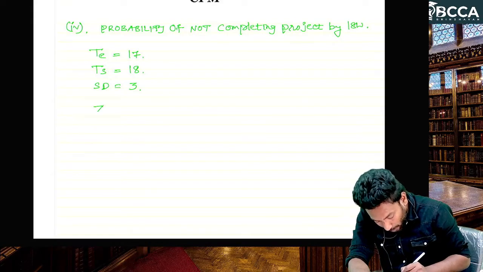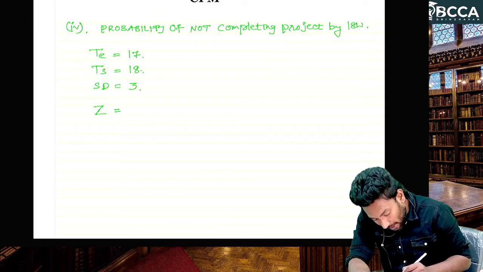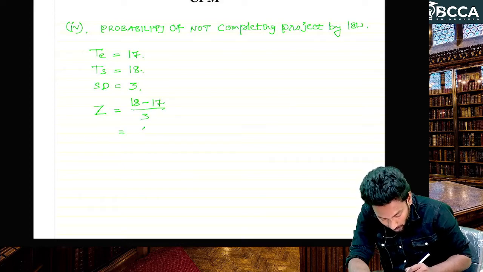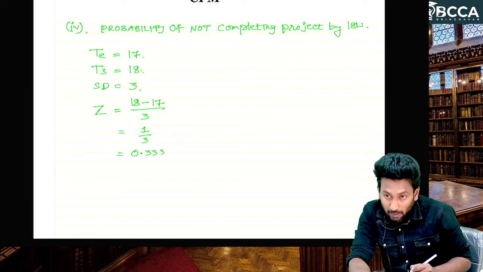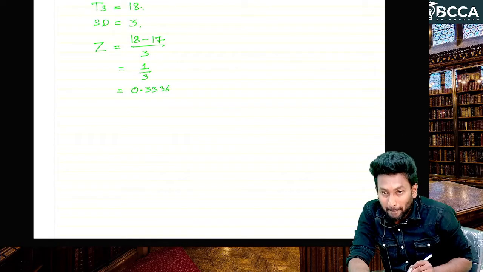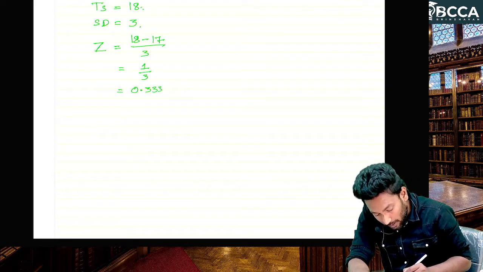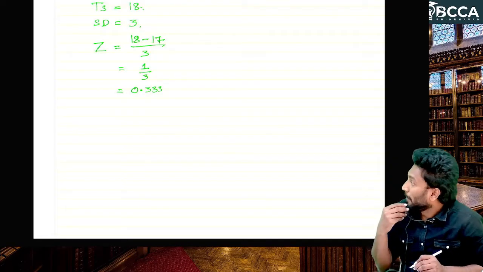So we need probability, that means only the Z value we need to calculate. Z is equal to TS 18 minus TE 17 divided by 3. So 1 divided by 3, how much? 0.3333. Leave it like that only.